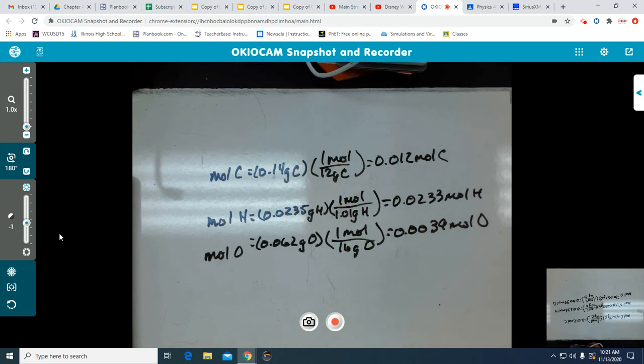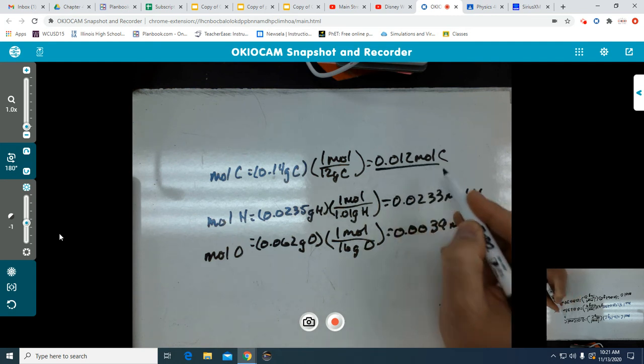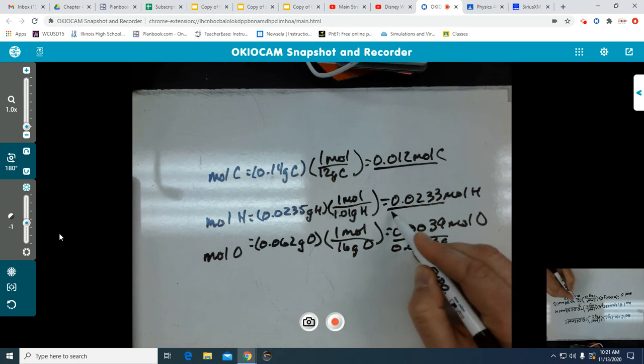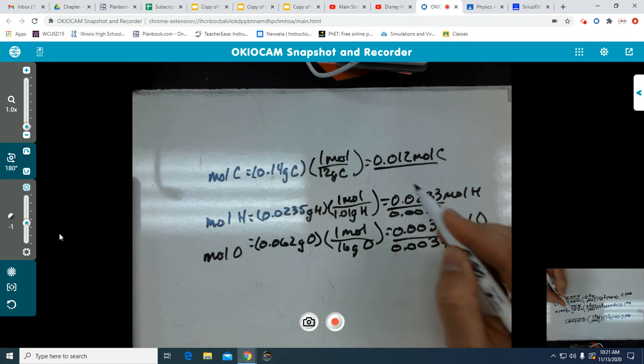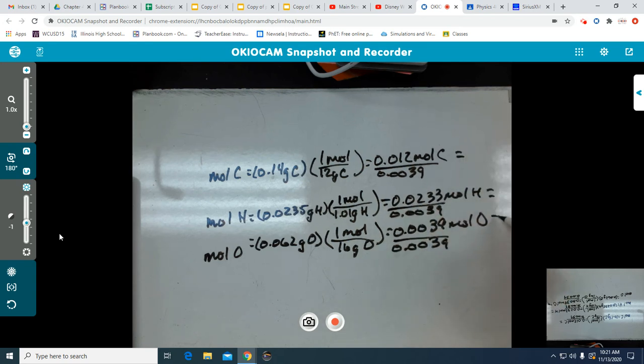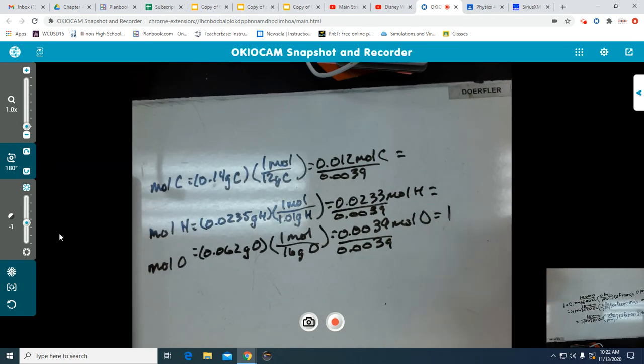So again, ask yourself, what do we do? Well, we have to identify who the smallest number of moles is. And that, again, is oxygen. So you're going to take all 3 of these and divide it by 0.0039. And this for oxygen is just going to be 1.